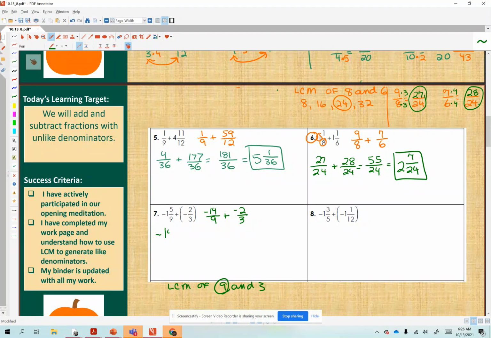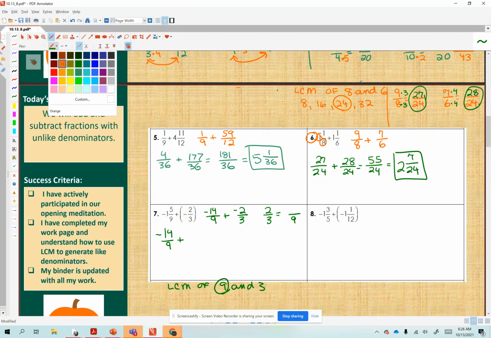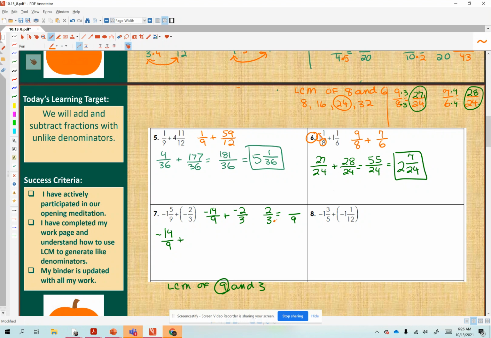So our first fraction can stay the same, and our second fraction will be converted to ninths. We'll multiply both the numerator and the denominator by 3 to get 9 in the denominator and 6 in the numerator. So negative 14 ninths plus a negative 6 over 9.